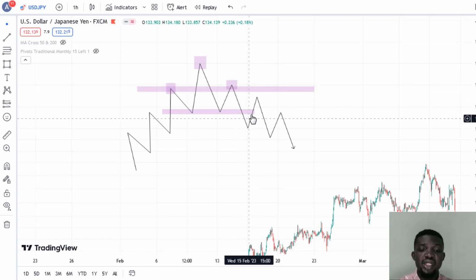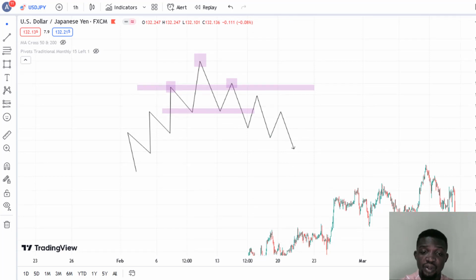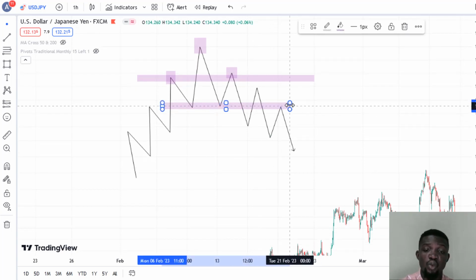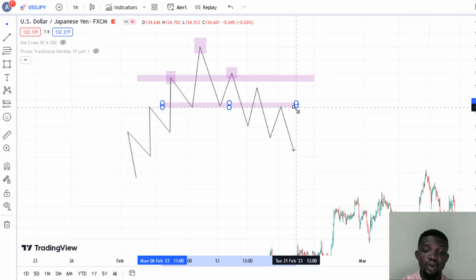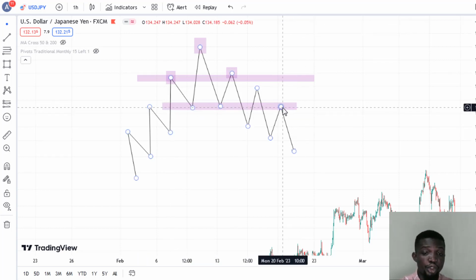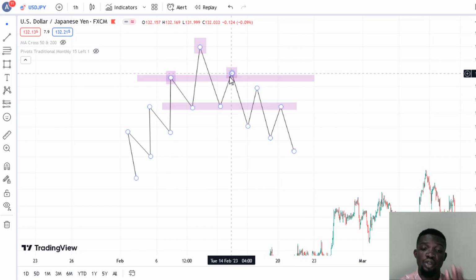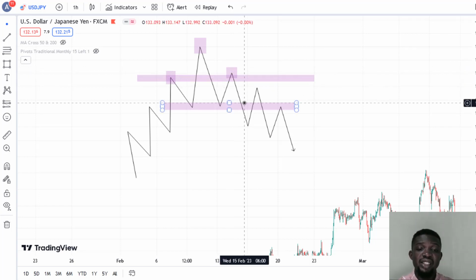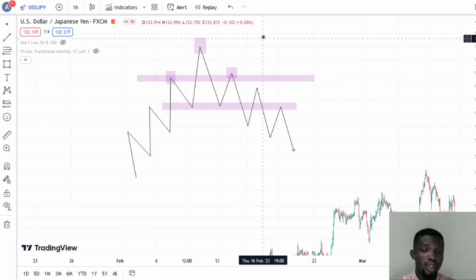But at times it's very advisable to wait for a retest of this channel. It's better you wait for a retest to be sure. At times you may assume, oh, this is going to be our right shoulder, but at the end of the day, the market gives us a new higher high.